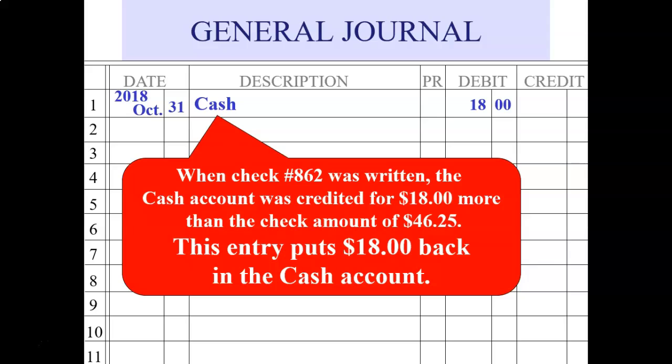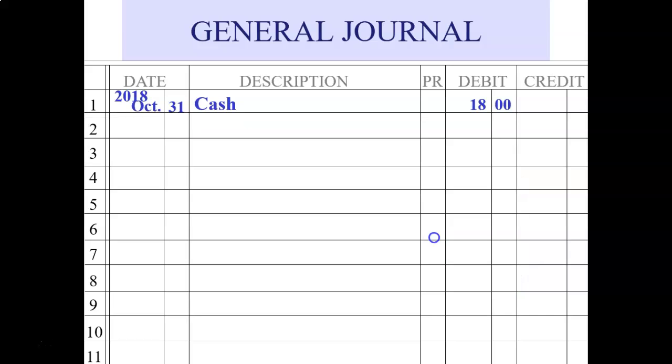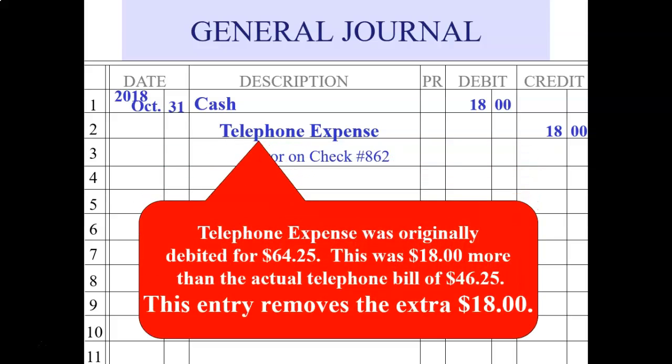So every time you have an error, you have to go back to the original entry and find out what account was involved besides cash. And that's the entry you need to put in this journal entry. So here I'm going to credit telephone expense for the $18. Now my debits equal my credits, and I can put my explanation in, which is error on check number 862.